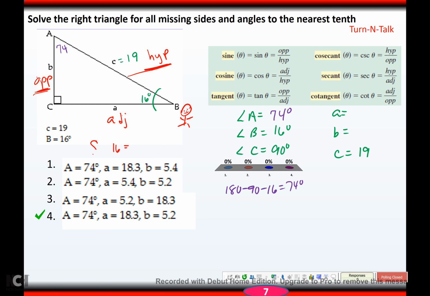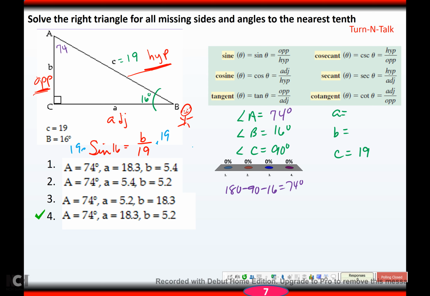That would be sine 16 equals opposite over hypotenuse. So then to get little b alone, I'm going to multiply by 19.